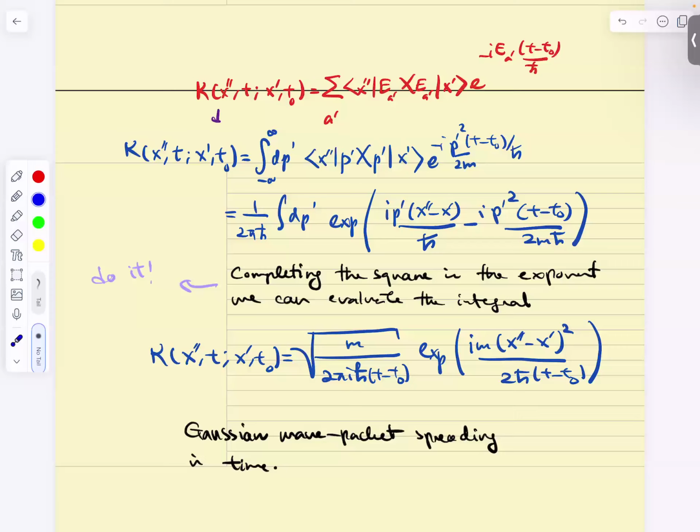When you calculate the probability, the phase goes away. You are only left with that piece. And then you know this is proportional to 1 over square root of t minus t naught. As t grows, the wave function spreads wide. You guys think about that. But you might come up with your own way of thinking about this as well.